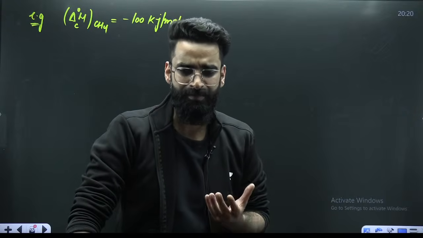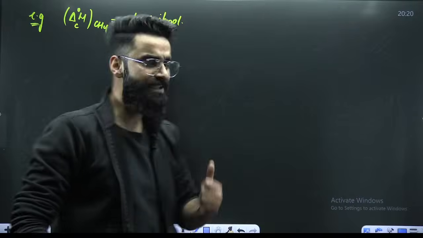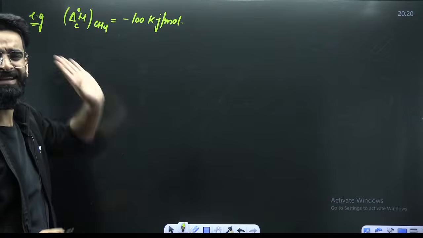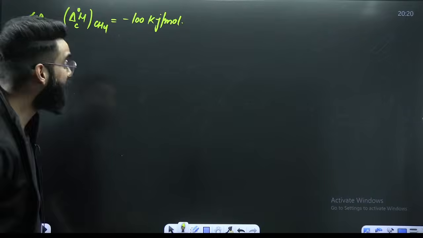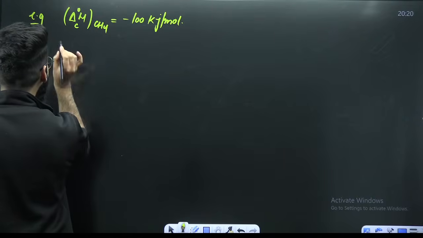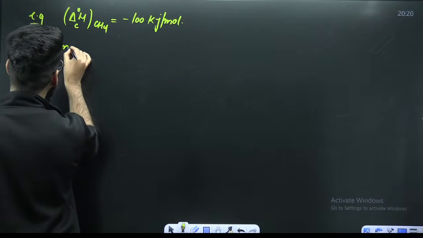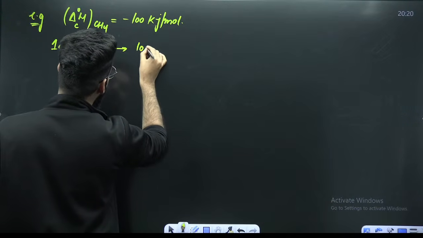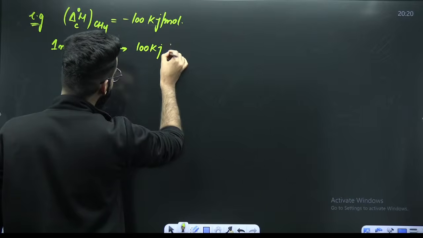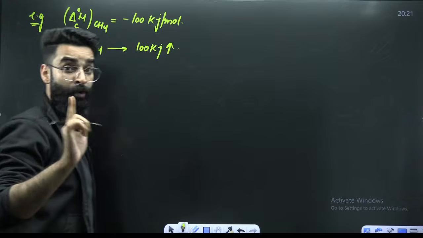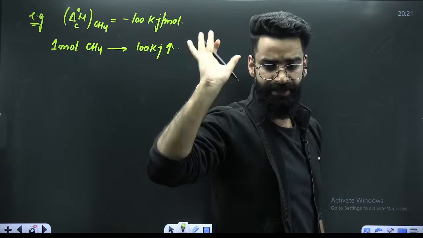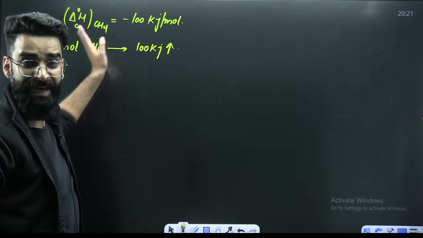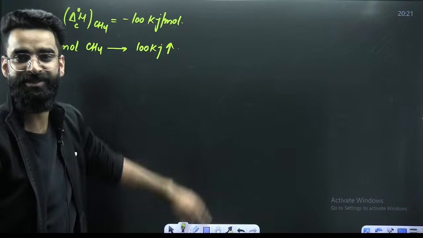If I ask you what it means, standard enthalpy of combustion of methane is minus 100 kilojoules, what does it mean? As per definition, it means that when 1 mole of methane undergoes combustion, 100 kilojoules of heat is released.